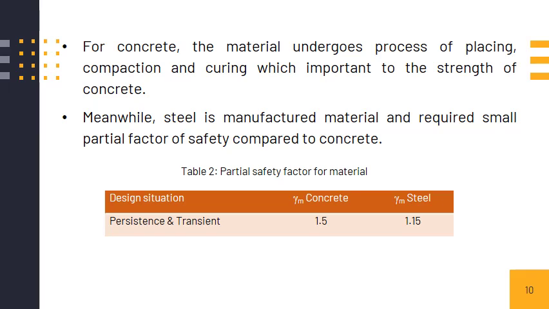For concrete, the safety factor is higher than steel. For normal design, we use a persistent and transient design situation. That's why we get the safety factor for concrete 1.5 and safety factor for steel is 1.15.